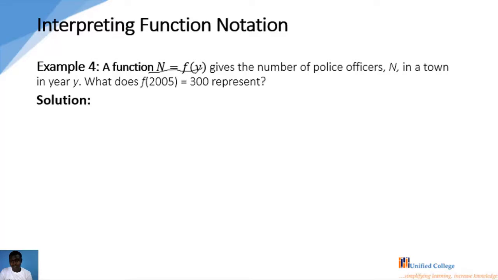What does f of 2005 equals 300 represent? Right away, looking at this, the function has been defined and they give us the numbers. All we need to do is just read.